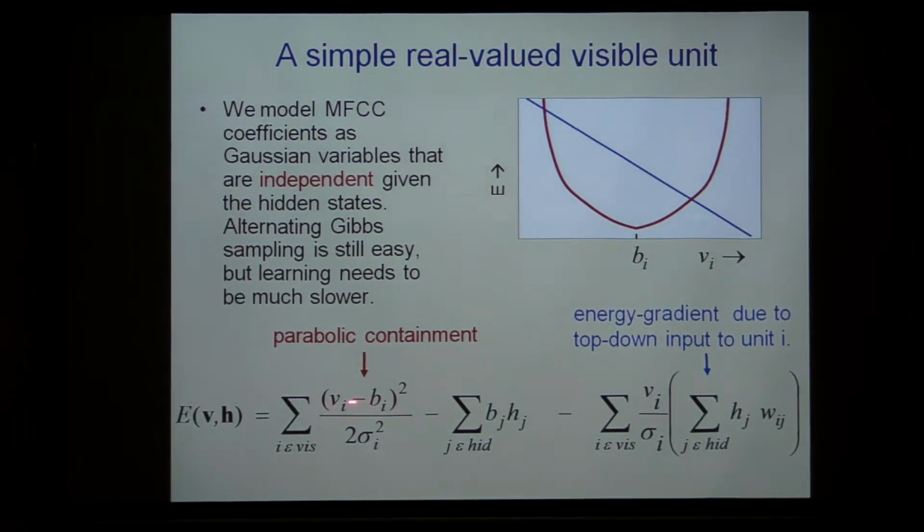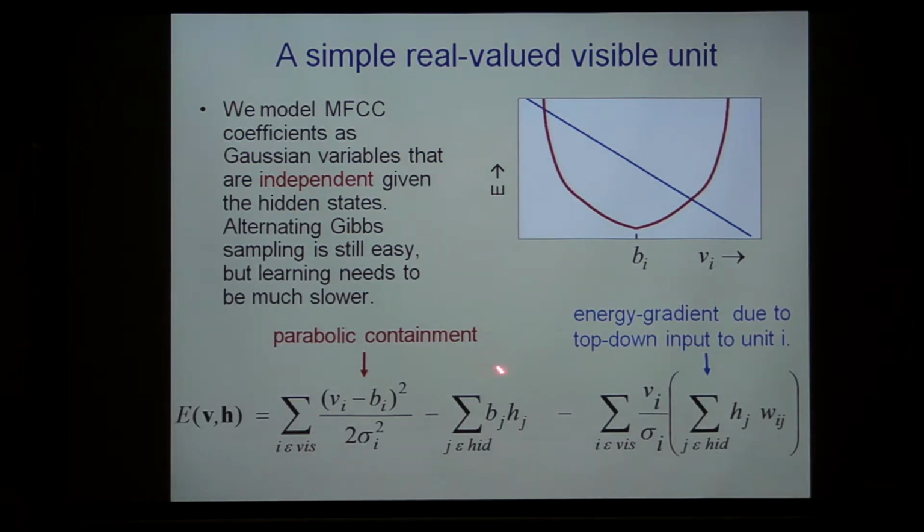So this energy term, as a function of the activity of a visible unit, looks like this. It's a parabola, which is the negative log of a Gaussian. And so we're adding in this parabola, and then saying we've got an energy function for linear visible units with Gaussian noise and binary hidden units.